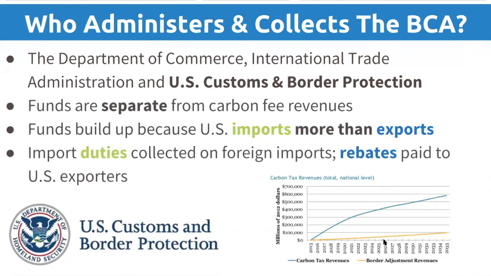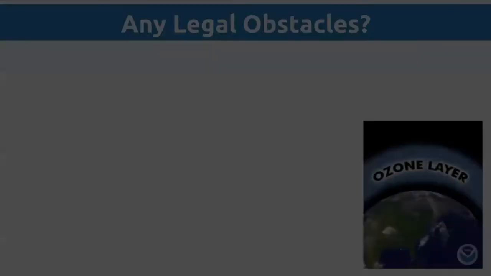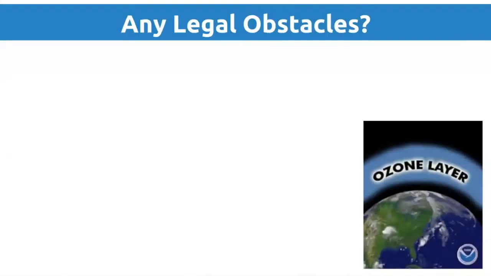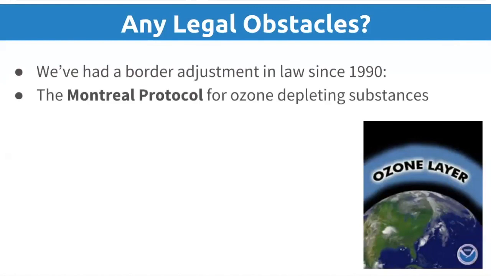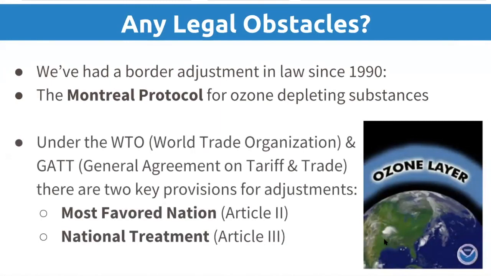A frequent question concerns the legality of the border carbon adjustment. There's a U.S. legal precedent in the 1990 Montreal Protocol involving 197 countries to reduce ozone depleting substances. There are two GATT articles that must be met.